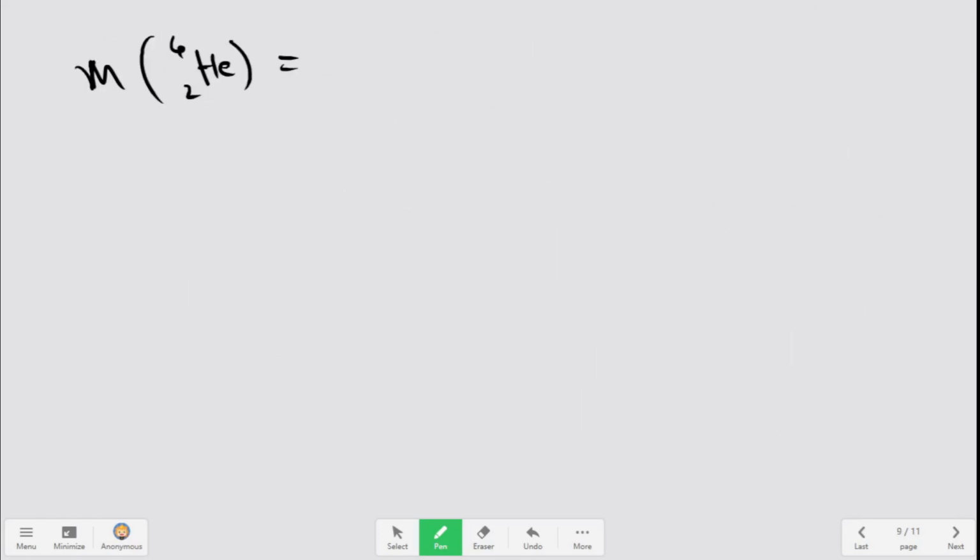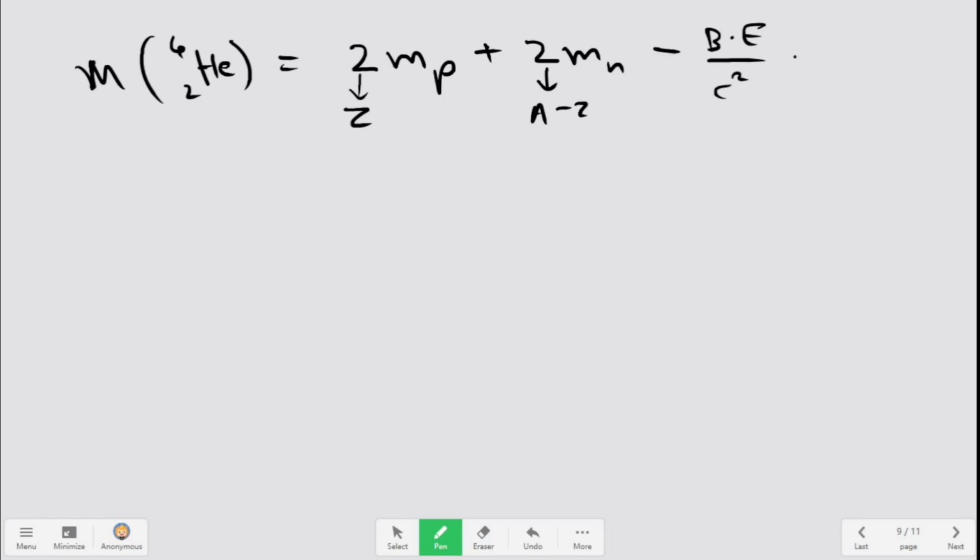So therefore we can write mass of nucleus of helium-4 is equal to 2 times Mp, this is Z, plus 2 times Mn, this is A minus Z, minus binding energy divided by C square.